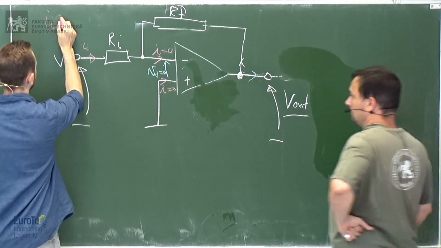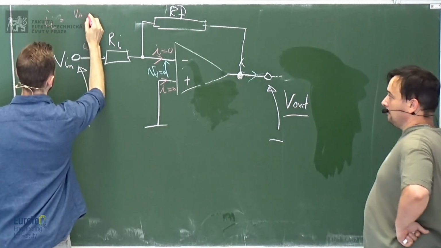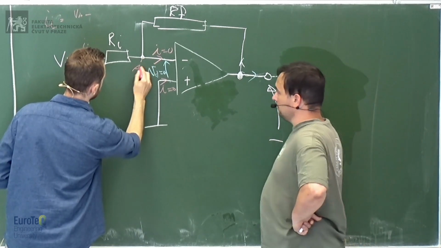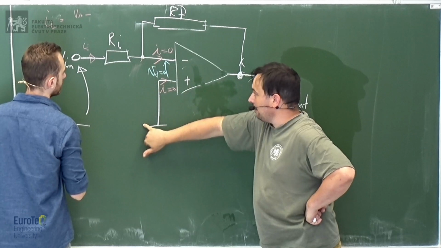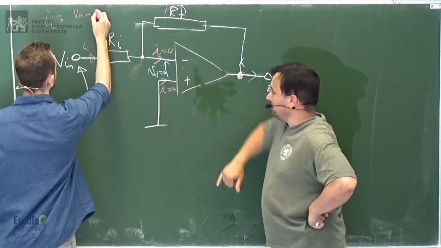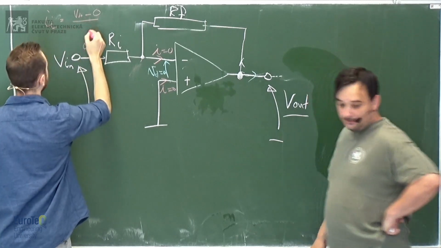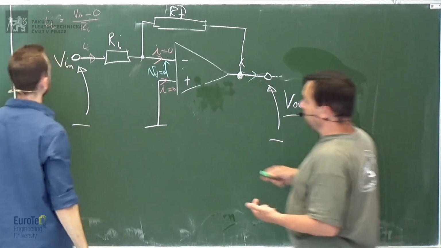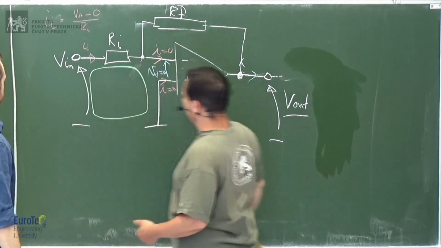II is equal to V in minus, and then we'll call this A. A with respect to what? The ground. Okay. But you already have this voltage, so 0 minus, divided by the resistance. So what we are doing is to consider that loop.